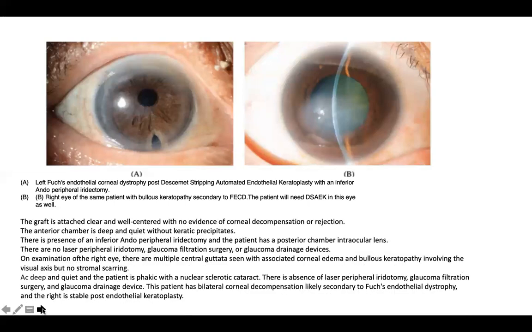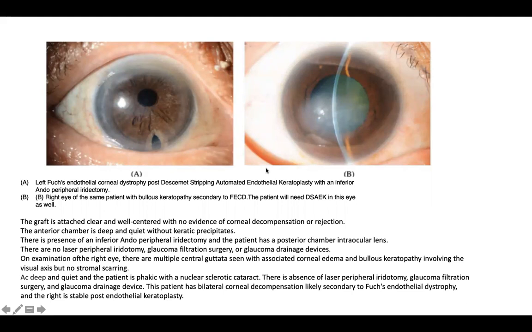Okay, the graft is clear, well-centered, no evidence of decompensation. AC is deep and quiet, no KPs. The presence of an inferior peripheral iridectomy. No sign suggestive of glaucoma. Okay, the right eye.